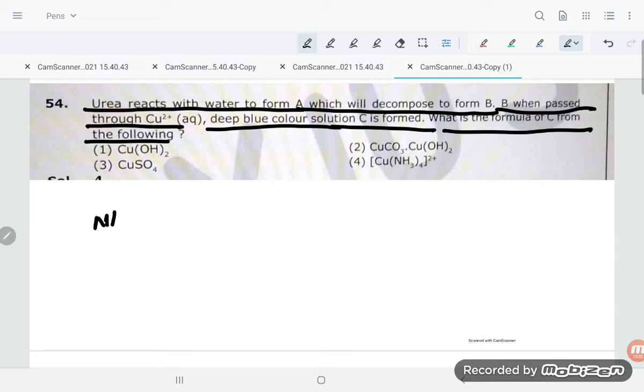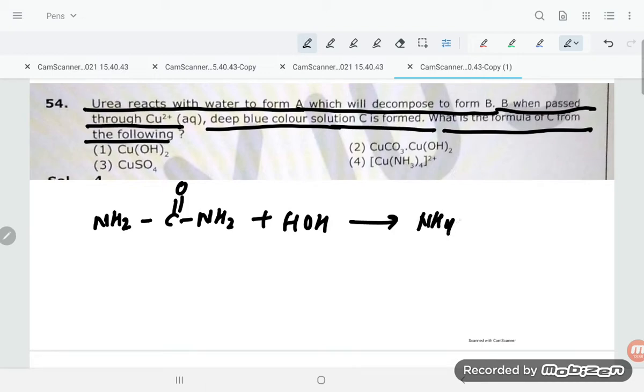So let us find: NH2CONH2 reacting with HOH, water. What will happen, student? Firstly the compound formed is NH4OH, and CO2 will be released.